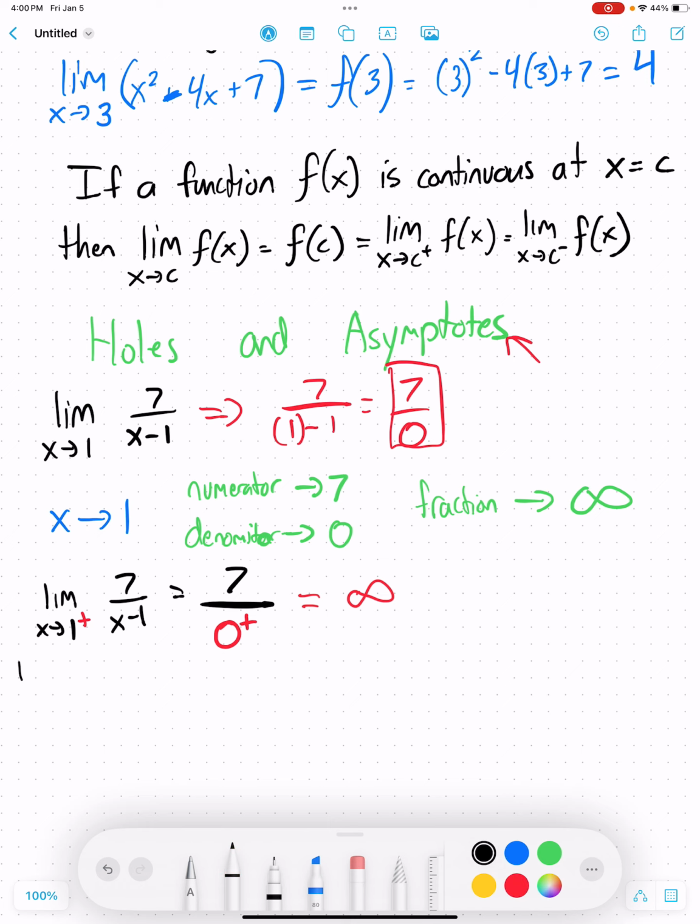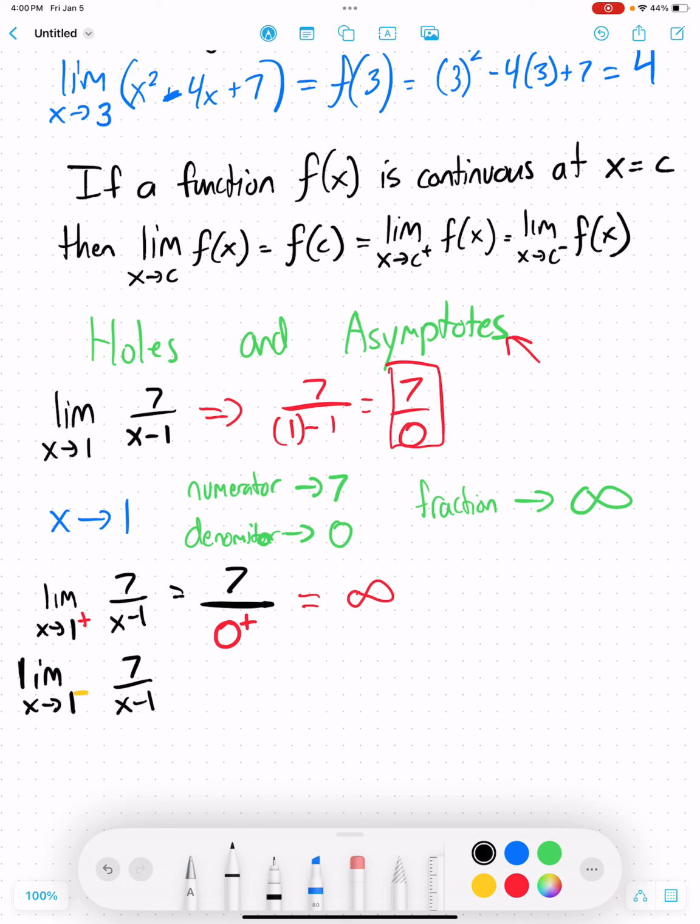If I switch this and approach from numbers less than 1, I get something similar. If I approach from numbers slightly less than 1, that means I'm working with numbers like 0.9 or 0.99, right? Slightly less than 1.